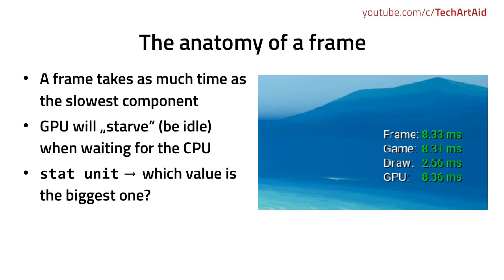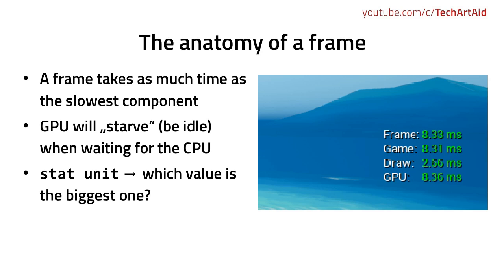Now let me proceed to the anatomy of a frame. To display a frame, both calculations on the CPU and the GPU have to be finished. So all the game code has to be computed, all the pixels have to be shaded, and so on, and only then can we dispatch a frame to the screen.